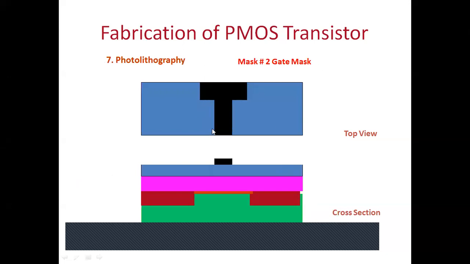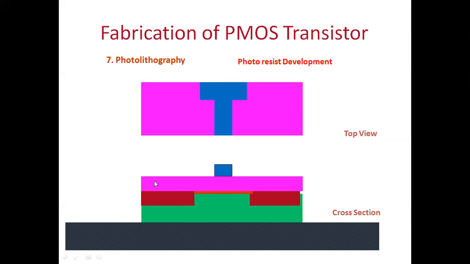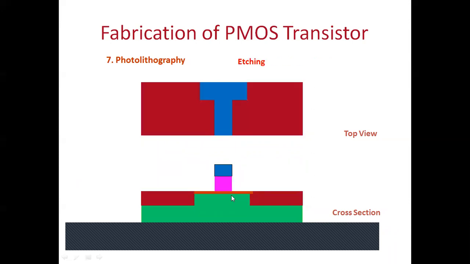Then mask number 2, the gate mask, is used, with exposure to ultraviolet radiation, and unwanted polysilicon is removed. Now you see only this photoresist. When you remove that, you can see the polysilicon, which you can call like a metal.